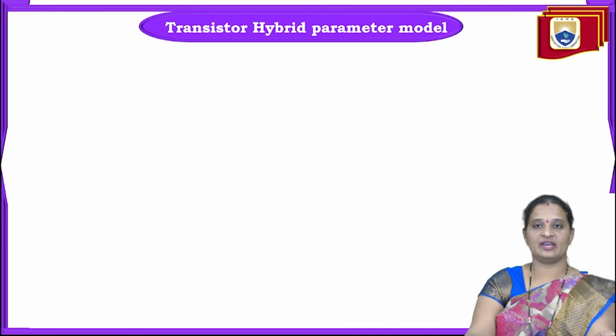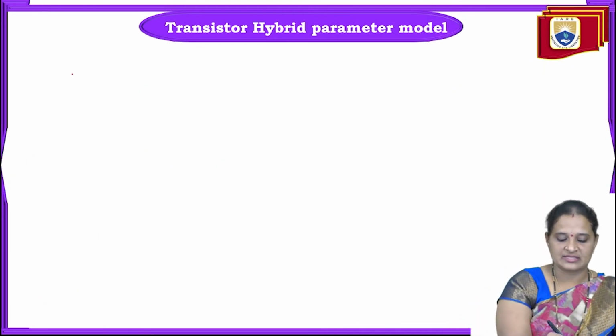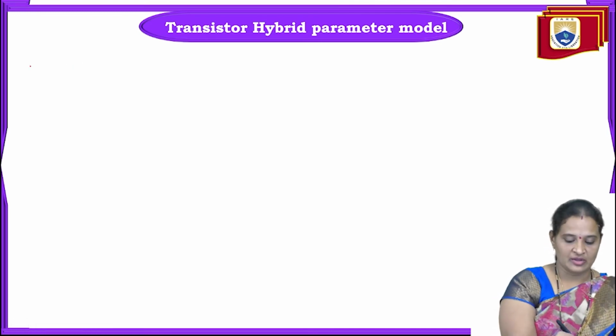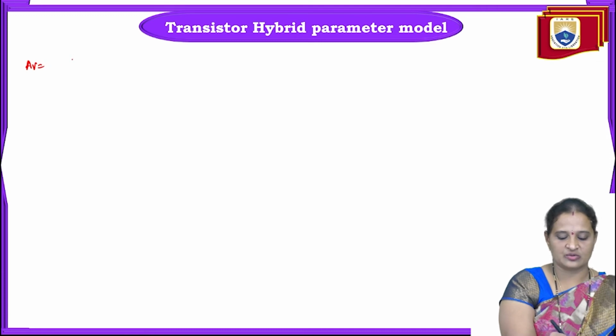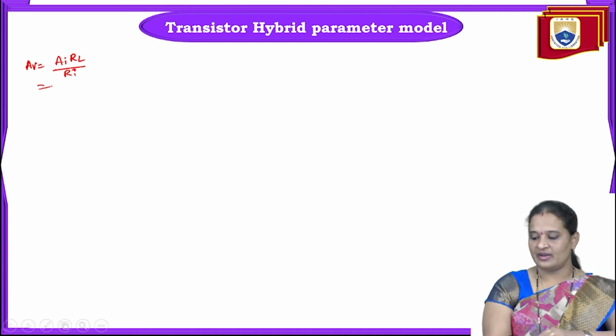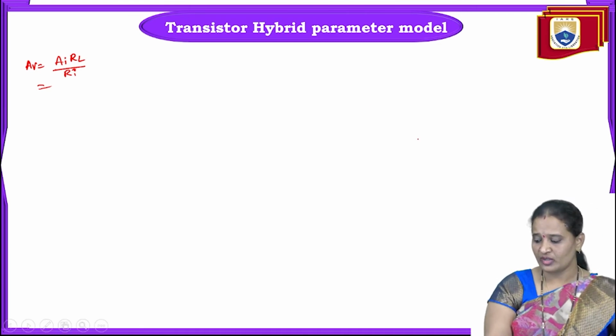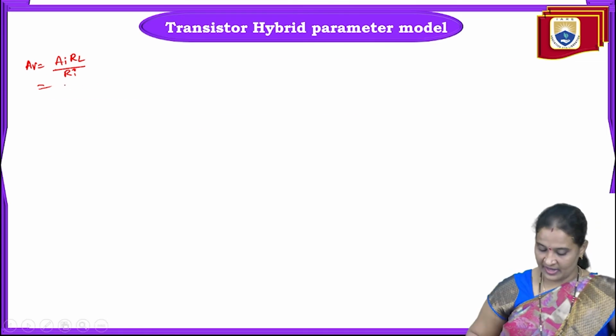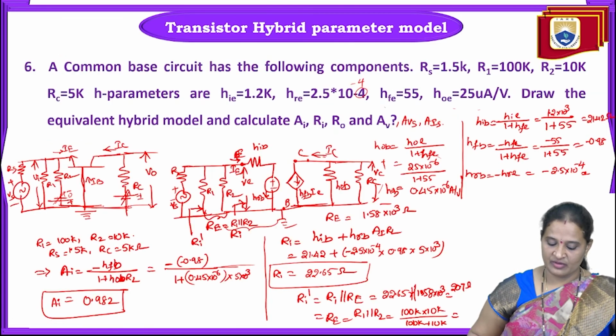So we have calculated current gain and input impedance. Then voltage gain. So we are going to calculate the voltage gain. AV is equal to AI into RL divided by RA. So that is the voltage gain formula. Already we have calculated the current gain. So what is the current gain we have got?